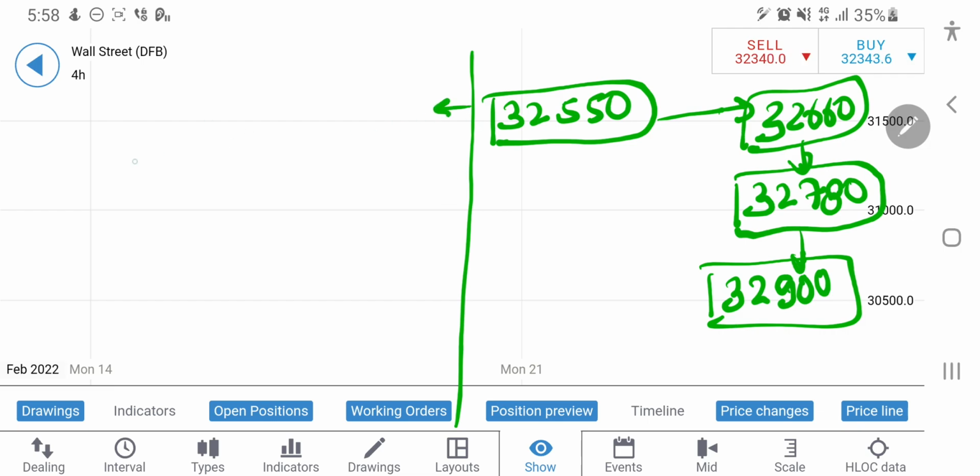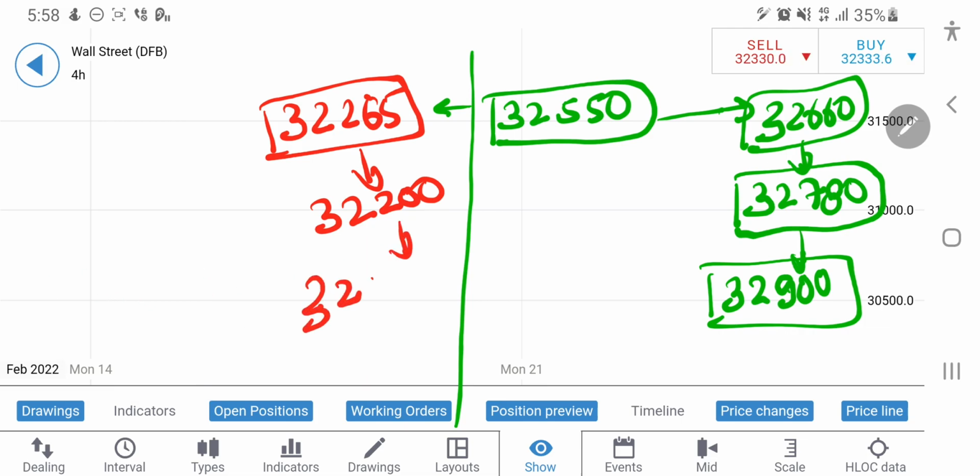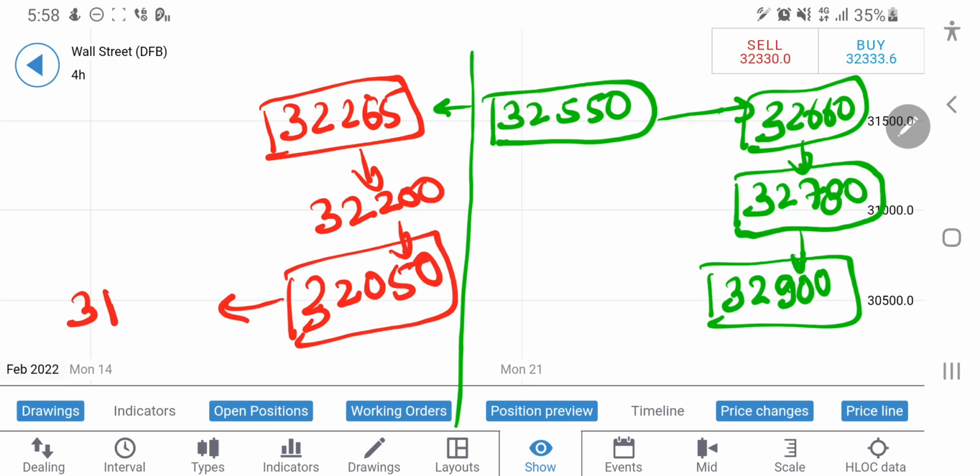On the flip side, if you see that it trades below 32,200, I will say 65 here, 32,265, if it drops, possibly it will try to hit 32,200, and this time the drop has to be sharp, and possibly it may try to hit 32,050 and 31,950 levels again.